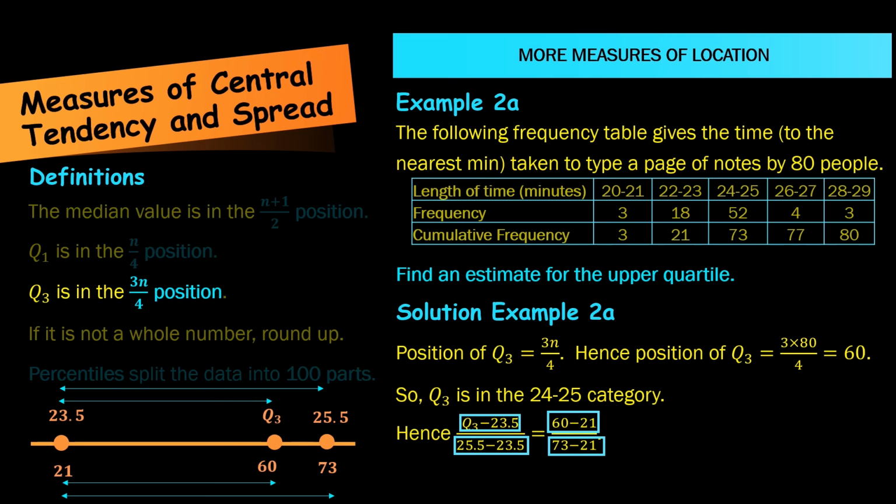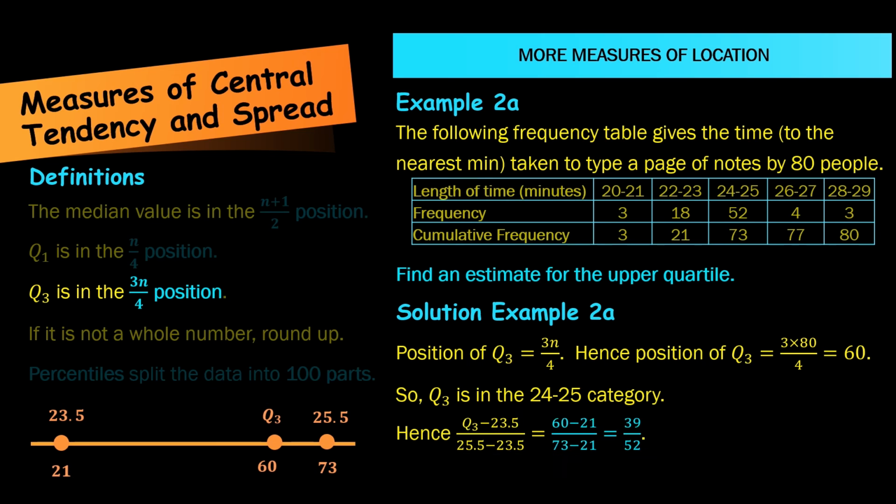You will be able to see from the diagram why this is true. And so calculating this gives us 39 divided by 52, and then rearranging gives us Q3 equals 25.